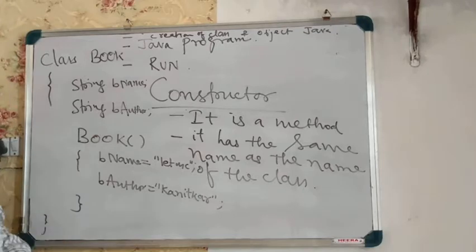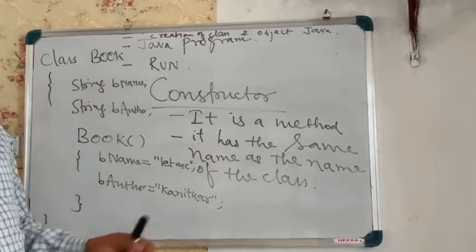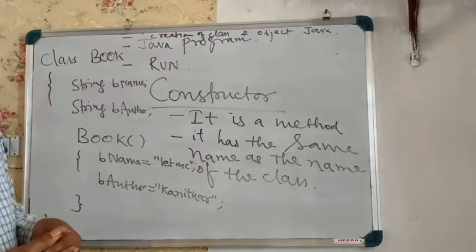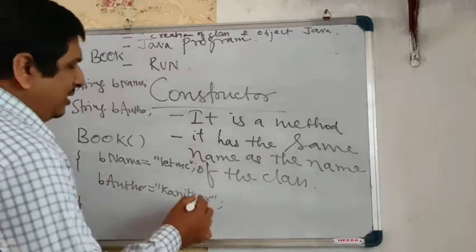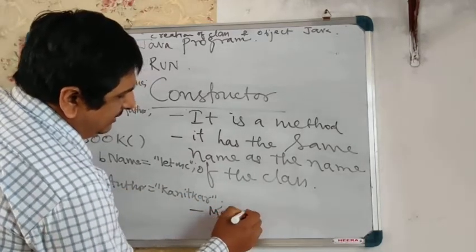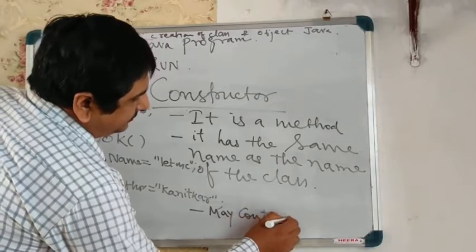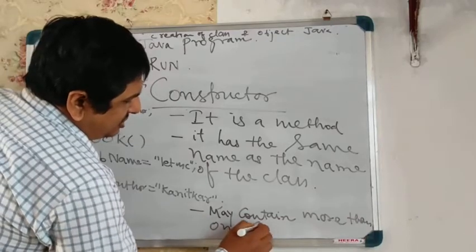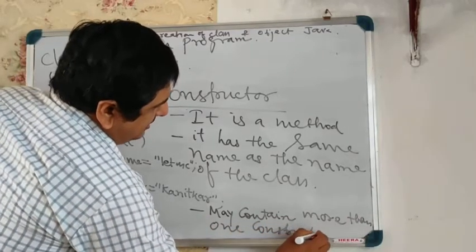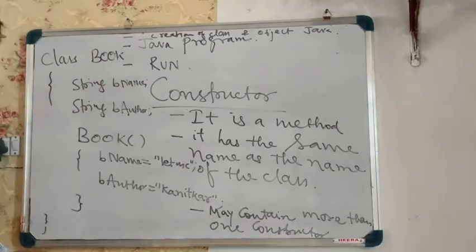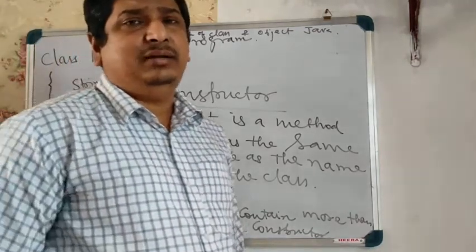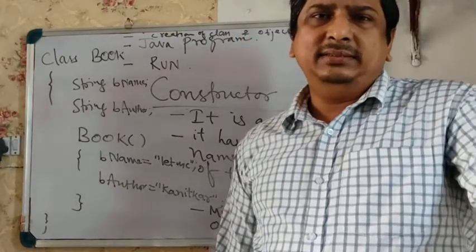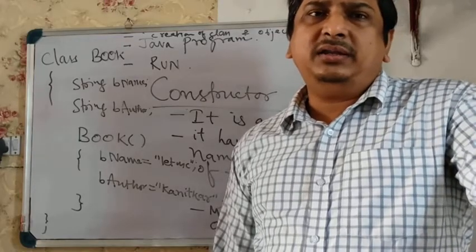Okay. So point number 3, you wrote point number 3. Point number 4, write down. A class may contain more than one constructor, which is known as constructor overloading.